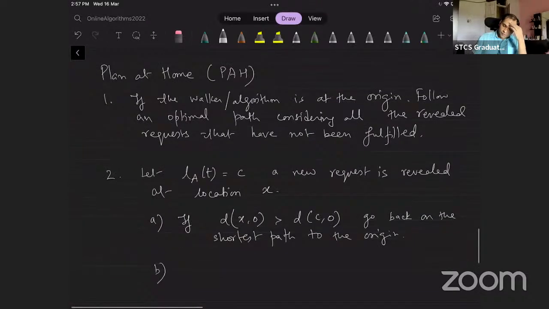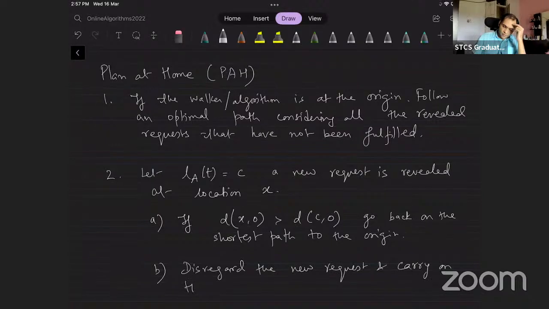B: otherwise, disregard X, the new request, and carry on the optimal path you are on.